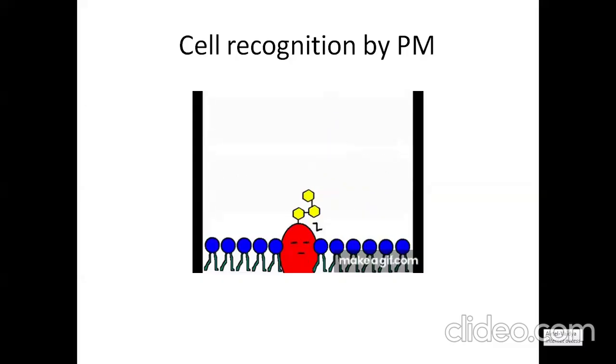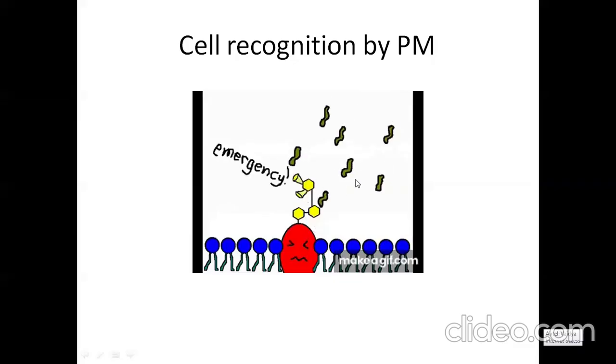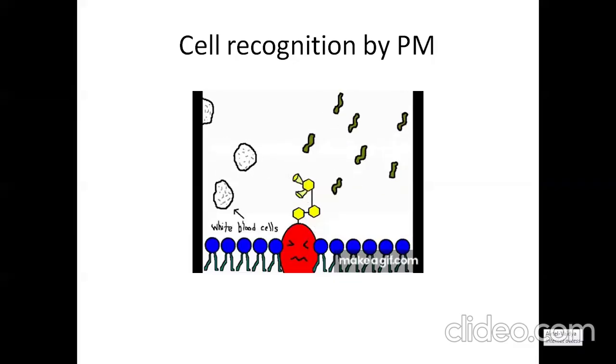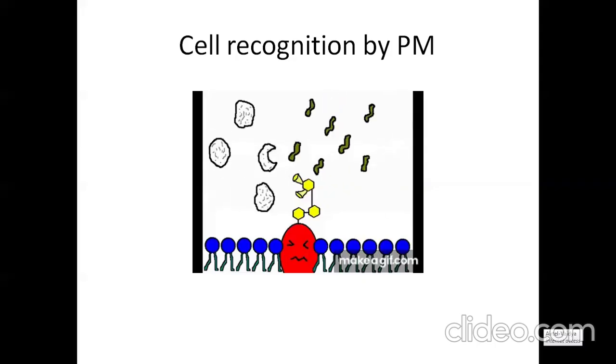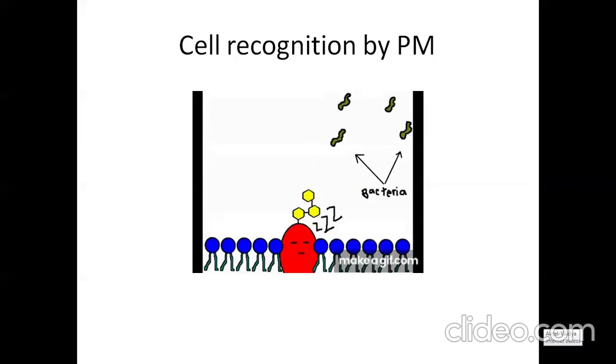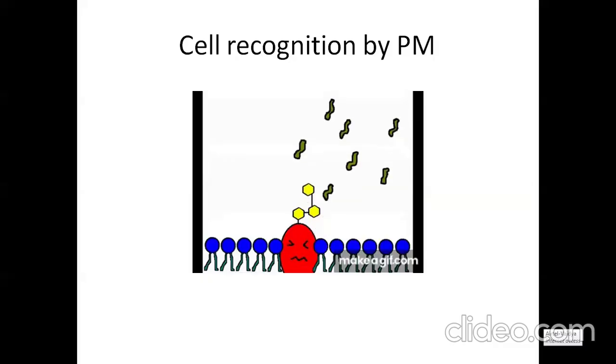So it is giving an emergency alert. See, when the foreign body comes, it is giving a red alert. Immediately, the plasma membrane engulfs it. Similarly, the macrophages of the spleen can identify the worn-out RBCs from the healthy RBCs and destroy them. This is very similar to that.